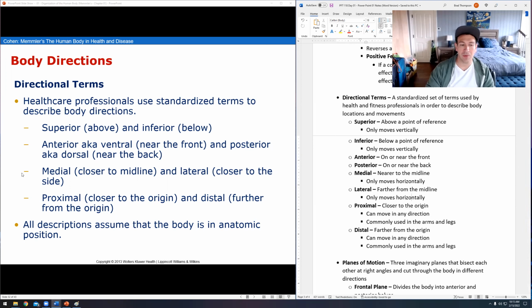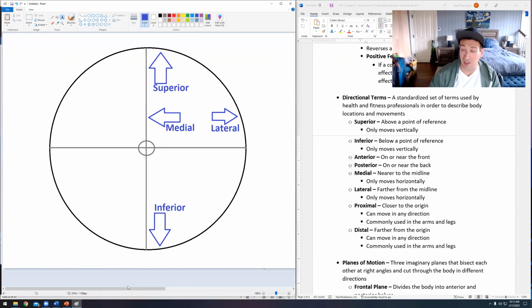And then lastly, we've got two terms that sometimes give people trouble here, which is proximal versus distal. Unfortunately, I got to make my own arrow this time. So proximal is going to be anything nearest the center, right? We're going to see it go directly in this direction here.